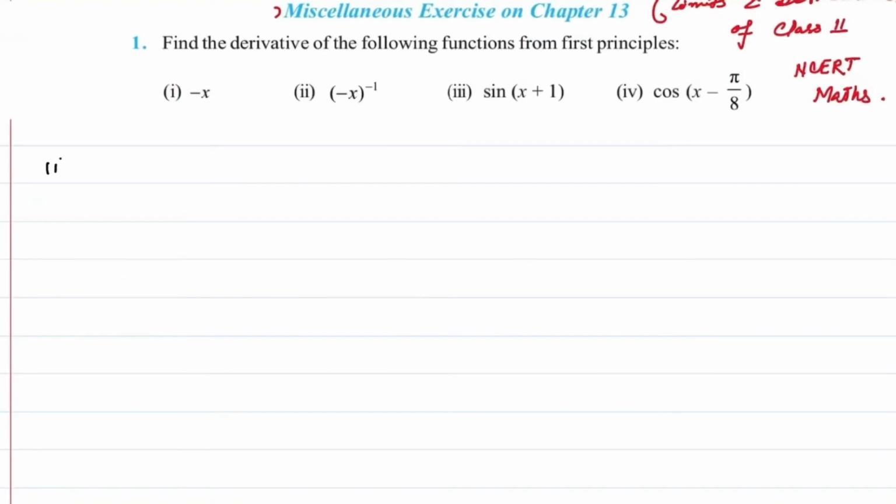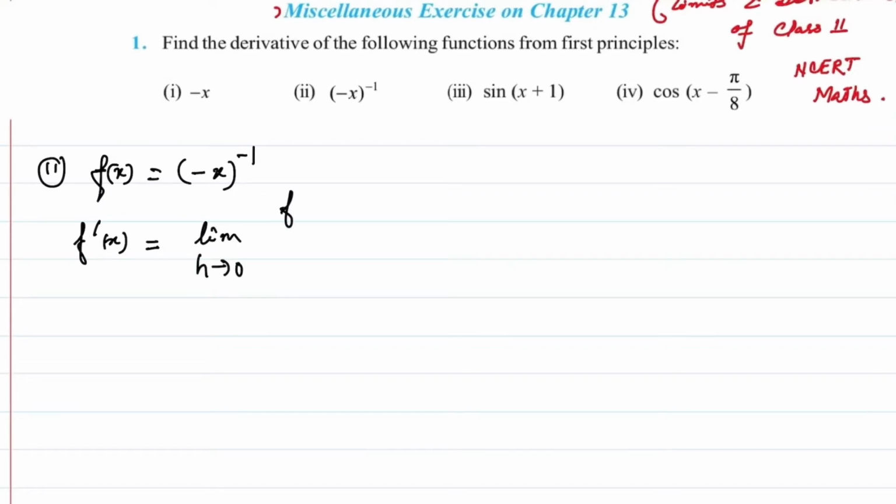So number 2, here the function is f of x equal to minus x whole to the power minus 1. From the first principle, f dash x is equal to limit h tends to 0 f of x plus h minus f of x by h.